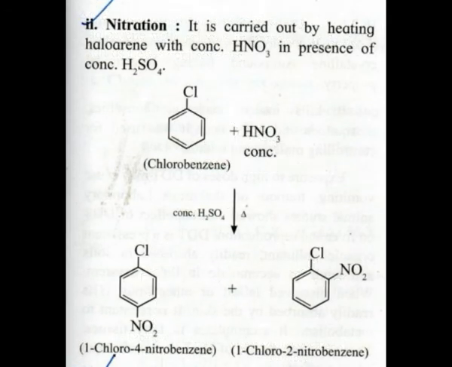The next simple reaction is nitration. Nitration of haloarenes is carried out by heating haloarene with concentrated HNO3 in presence of concentrated H2SO4, which is also called the nitrating mixture. So see here, chlorobenzene plus concentrated nitric acid in presence of concentrated sulfuric acid gives you 1-chloro-4-nitrobenzene plus 1-chloro-2-nitrobenzene.